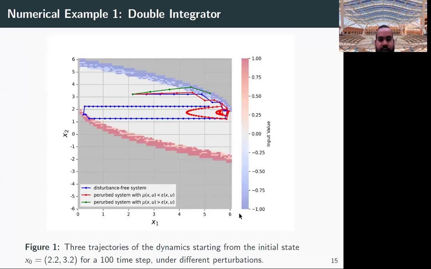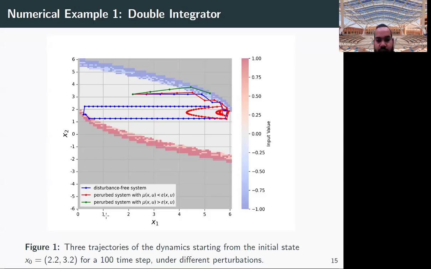Here we have this heat map where the colored region corresponds to our safety controller. This is the safety domain that the controller computes.